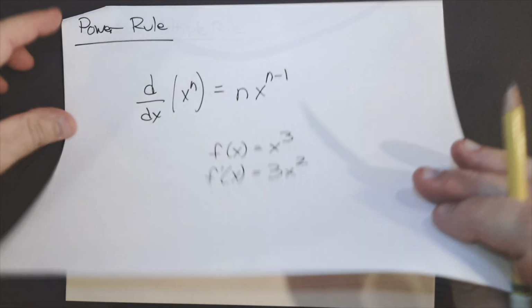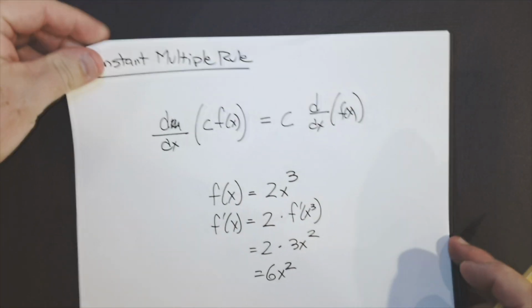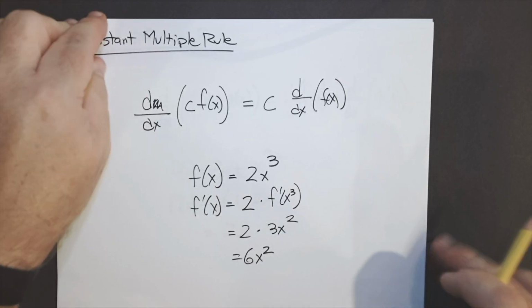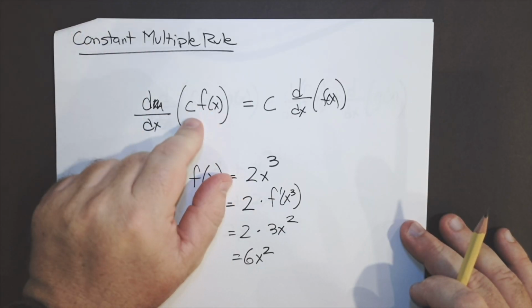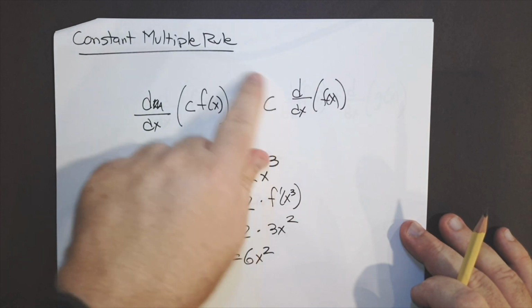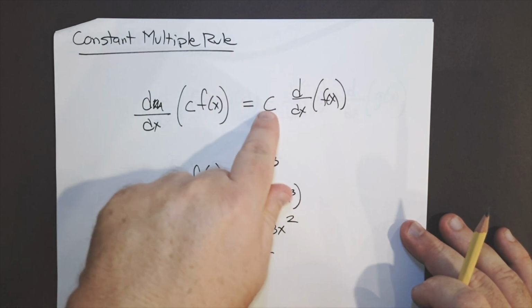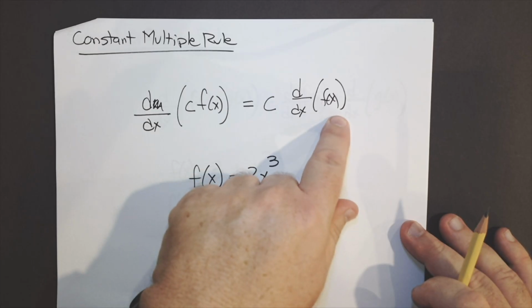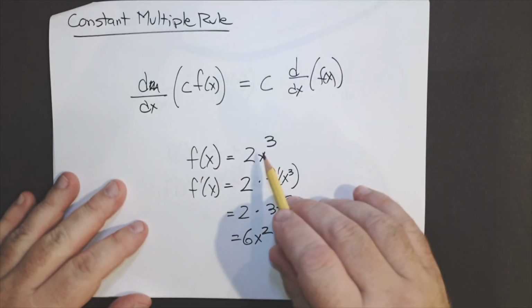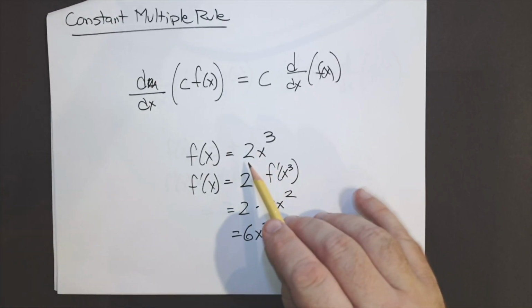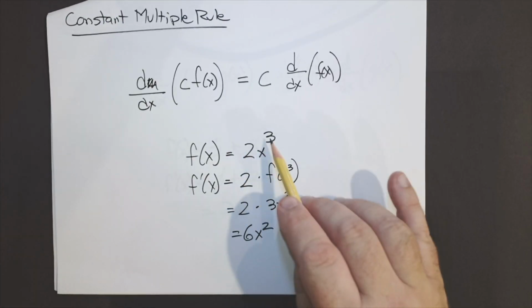That's the power rule. So if I put those two together, this rule says that if you take the derivative of a function that's multiplied by some kind of a constant, you can pull that constant out in front and just leave it there, and then just take the derivative of the function itself. So going back to our last example, we had x cubed, right? Well, in this case, I'm going to put a 2 in front of that x cubed.